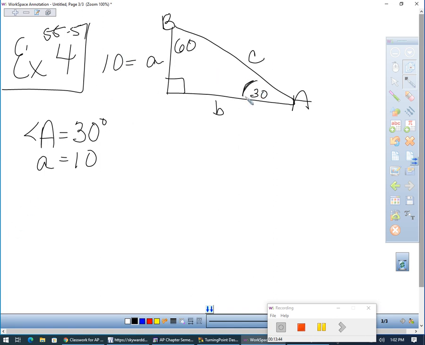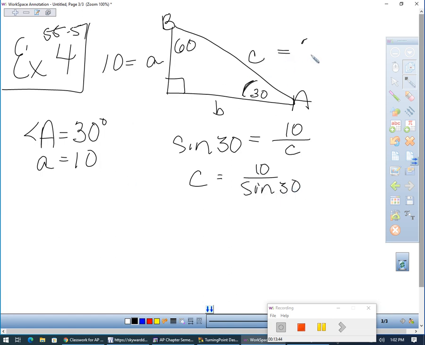I can go from this angle and do opposite over hypotenuse, or the sine of 30 equals 10 over C. It's only because I used an easy angle up there. So C would be 10 divided by sine 30. You should get 20, exactly. So then you can do the same process in order to figure out what B is. That's all you have to do. Okay? We're good? All right.